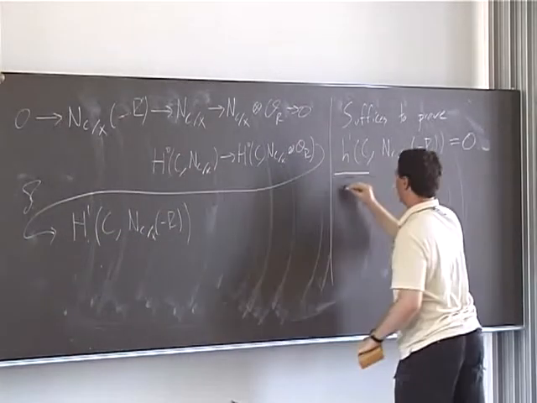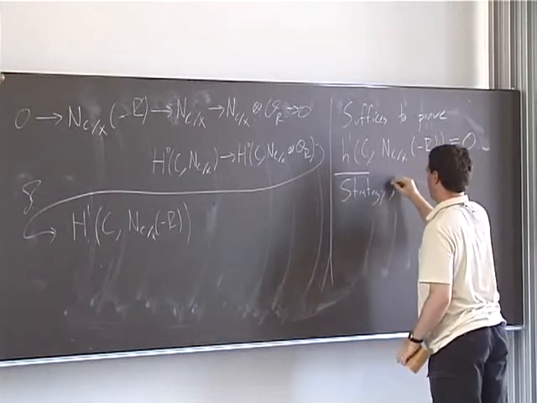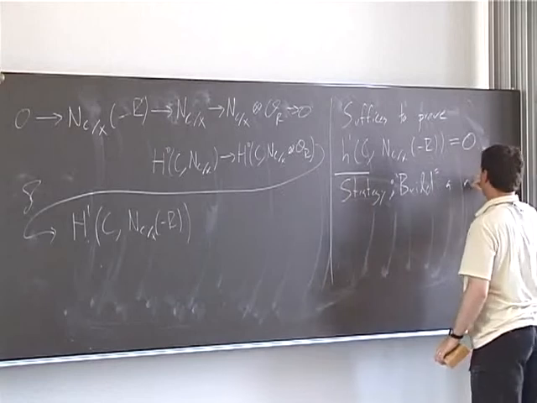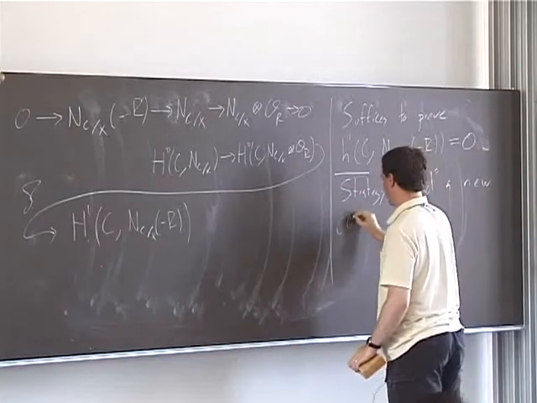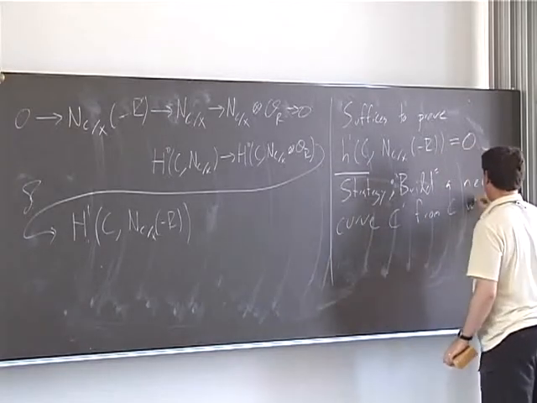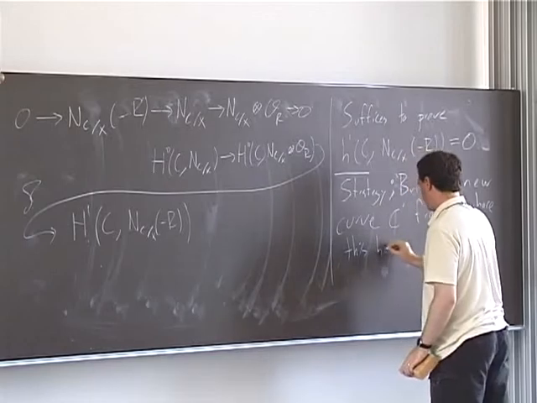So now the strategy is to build a new curve C prime from C where this holds. So let me just say a couple of things.